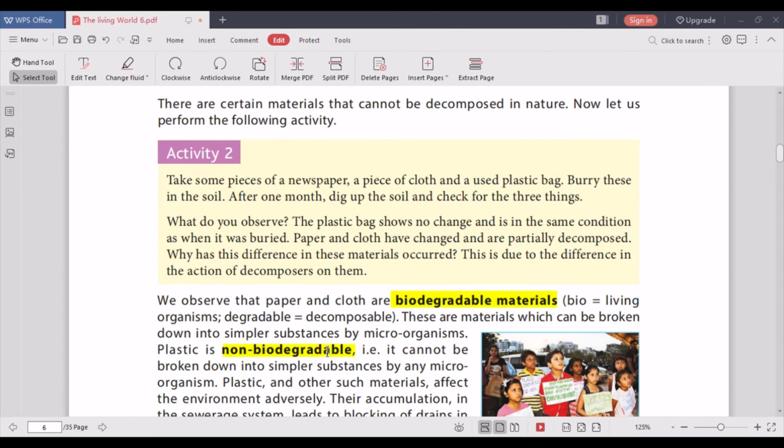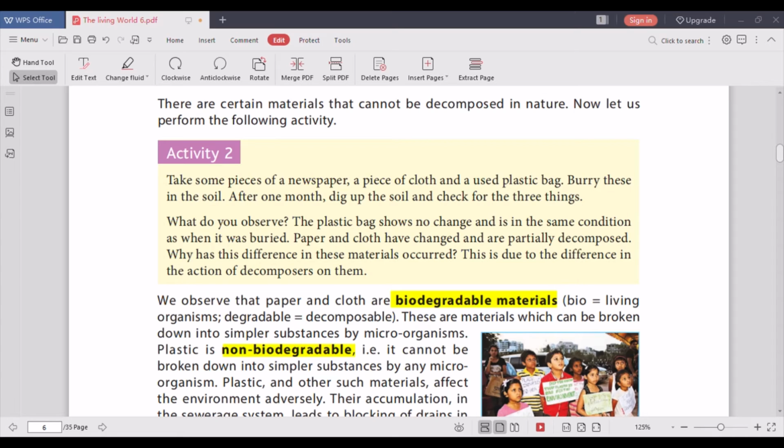We observe that paper and cloth are biodegradable. Biodegradable means bio, living organism, and degradable means decomposable. So the biodegradable materials are those materials that are decomposable.